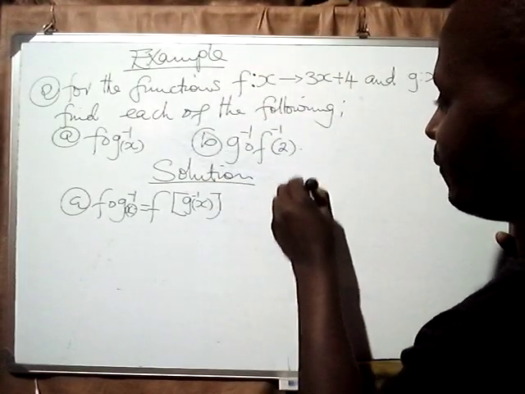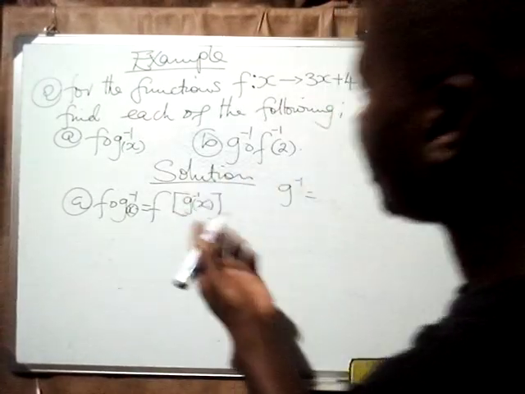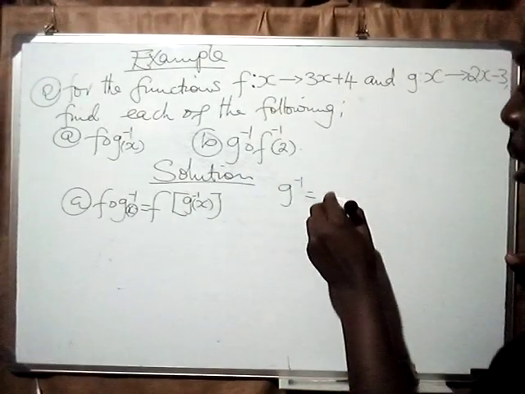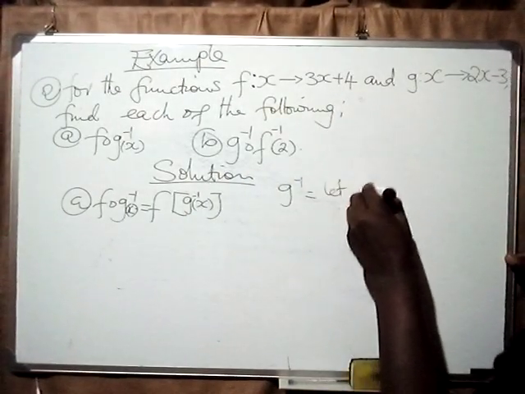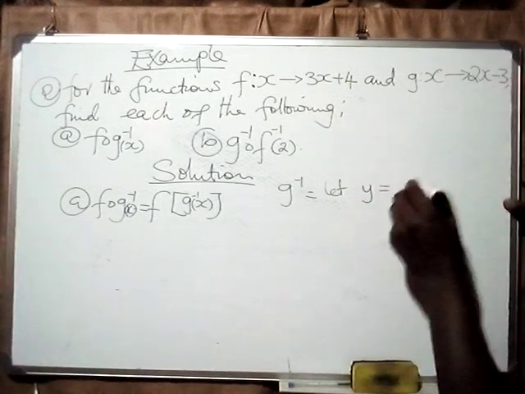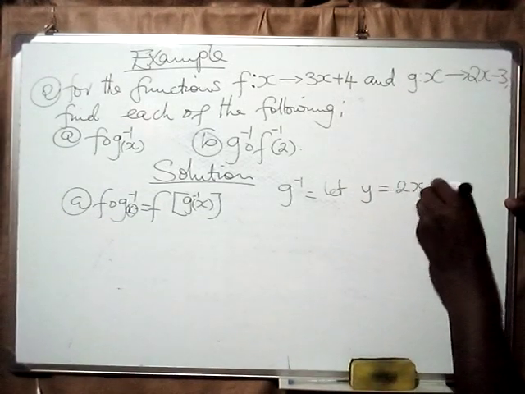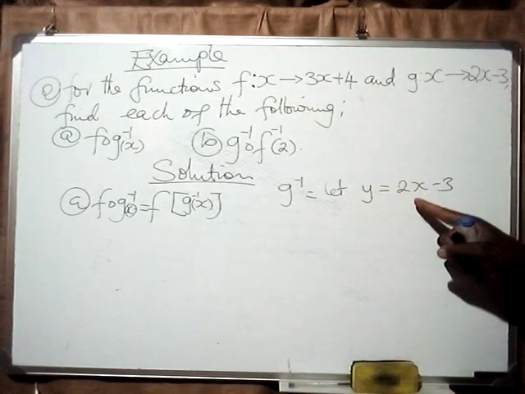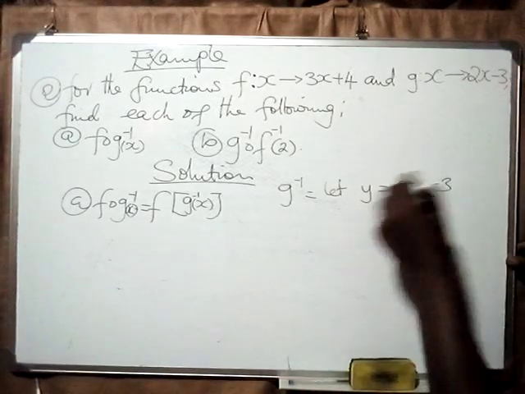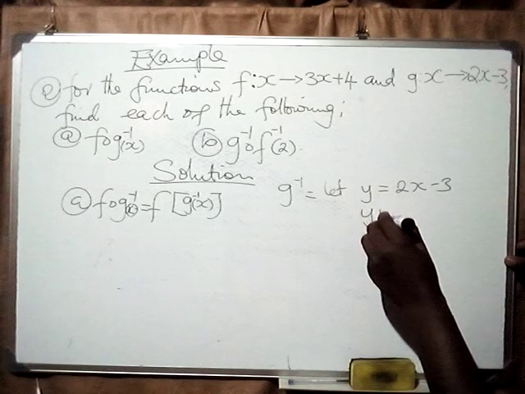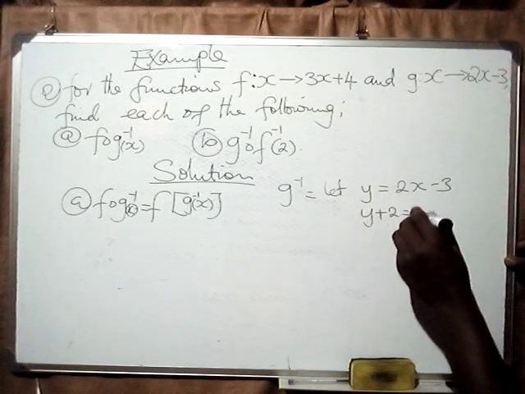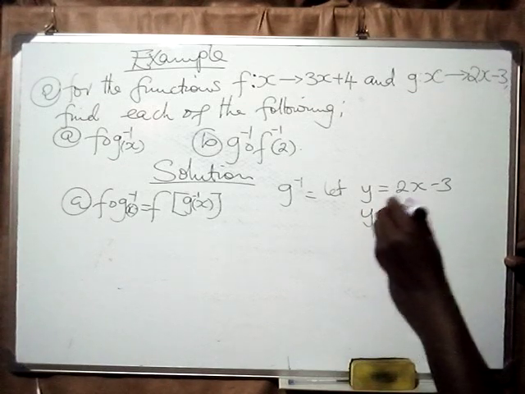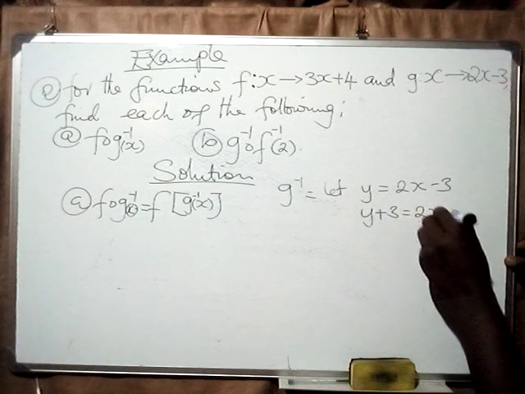Remember, the inverse is found by letting y be the function g, which is 2x minus 3. Now let us make x the subject of the formula. So it will be y plus 3 is equal to 2x.